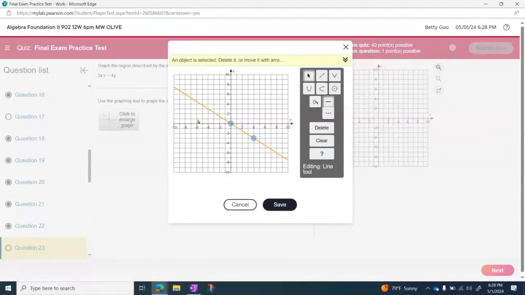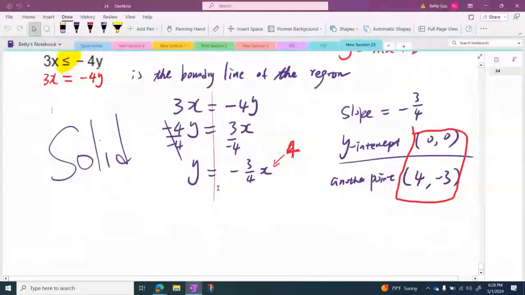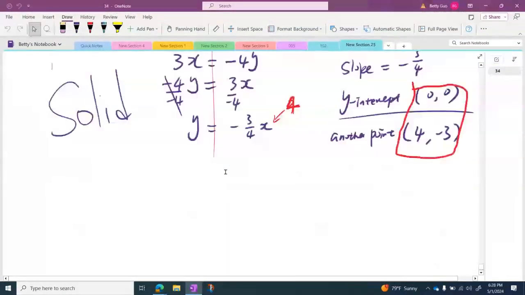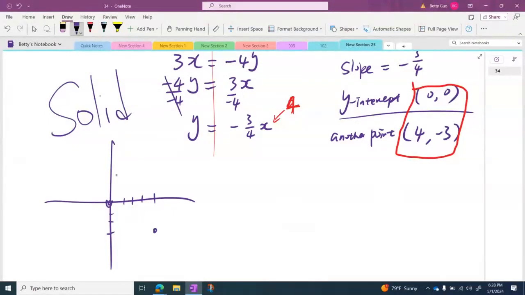We need to determine which side of the boundary line describes the solution set of the inequality. So let's do that here. So we have (0, 0), 1, 2, 3, 4, 1, 2, 3, and this is the boundary line.